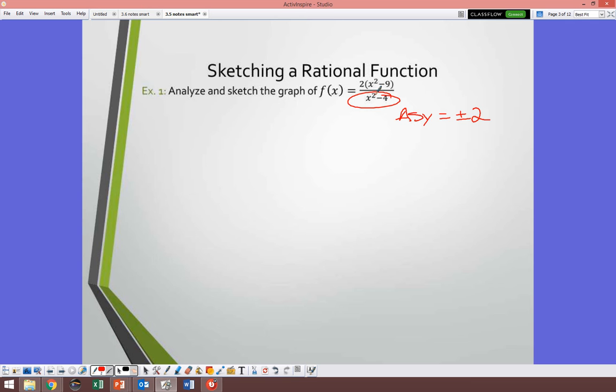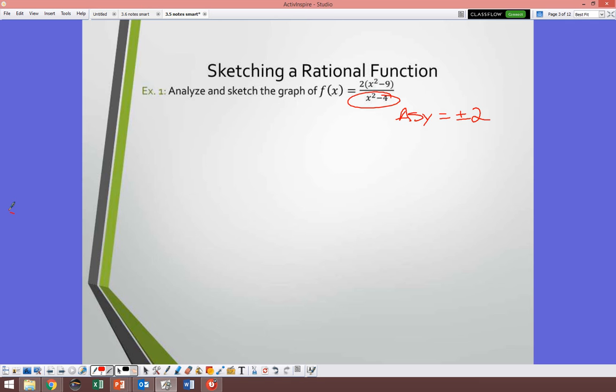Any other issues I might have? Not from that. Now, algebra. Right here, the top and bottom have the same degree. That's important to pay attention to, because if the degree of the top was one higher, what would I have? A slant asymptote, a diagonal.